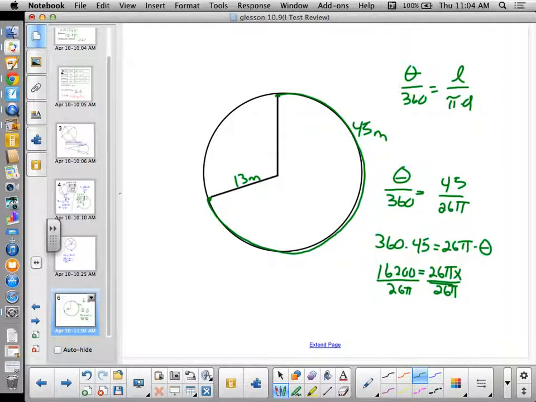But I have to be careful here. I have to take 16,200 divided by parentheses 26 pi. If I do it by 26 times pi, it's going to divide by 26 and then multiply by 3.14, which won't make sense. And I get theta is 198.33. Here's my arc angle.